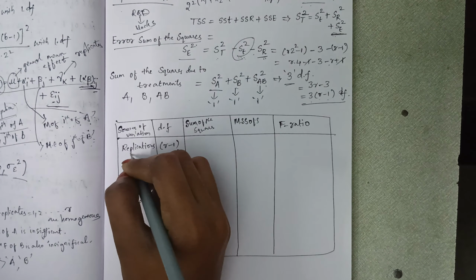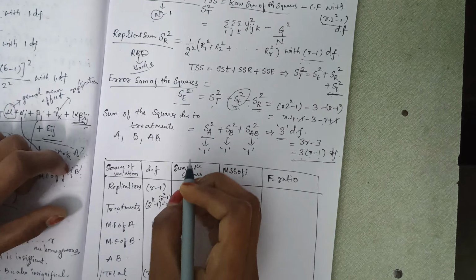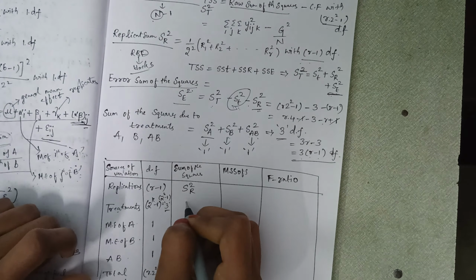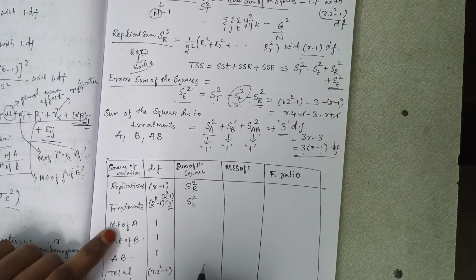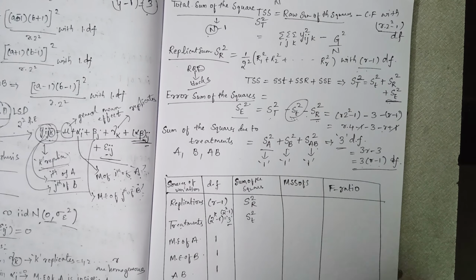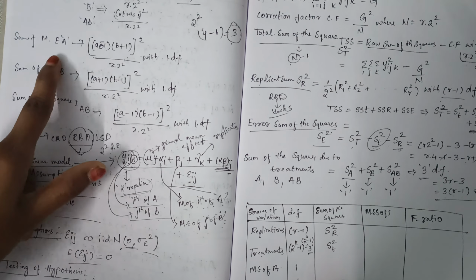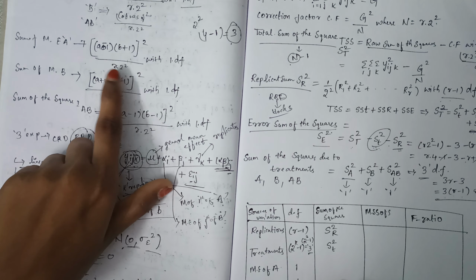Sum of the squares due to replications is represented as S square R, and treatments S square T, and main effect of A. Sum of the squares, as we have seen in the last two videos, is (A minus 1)(B plus 1) whole square by r into 2 square.